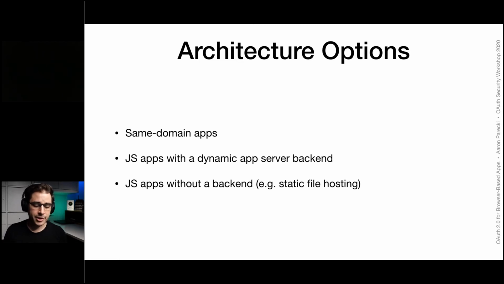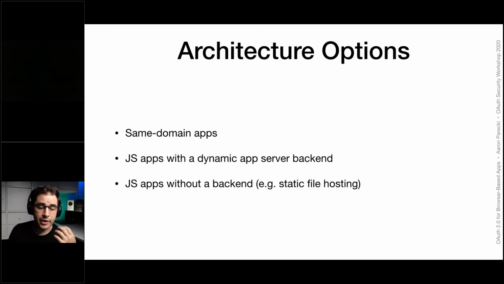So starting with same domain applications. Same domain applications are where the single page app, the host name the single page app is served from, is the same or common, shares a domain with the authorization server. So that might be your app is on app.example.com and your authorization server is on login.example.com.